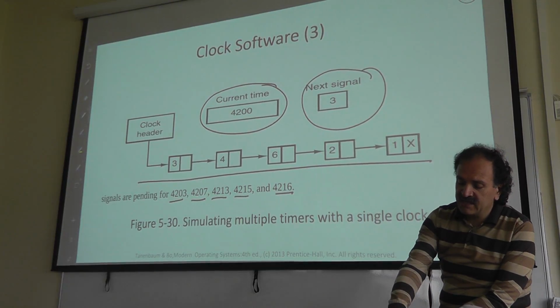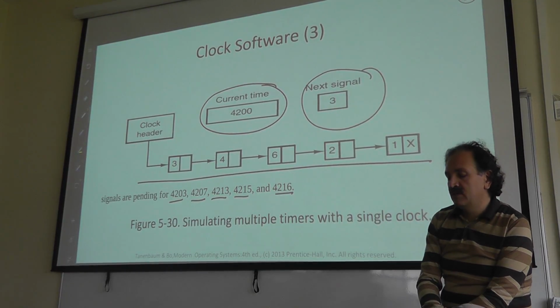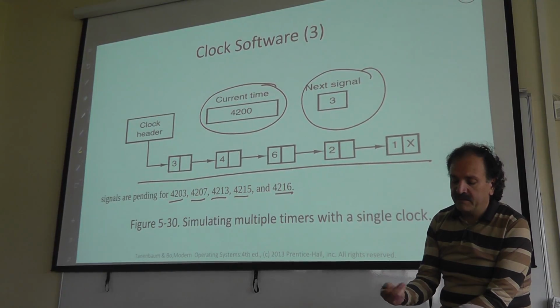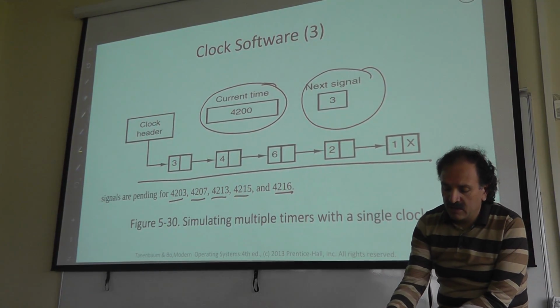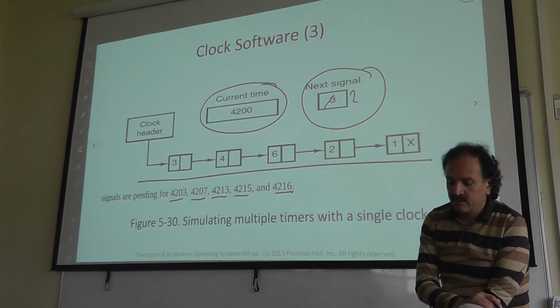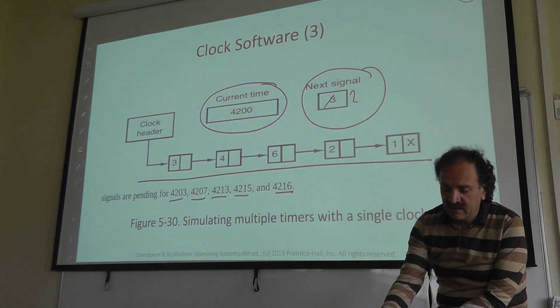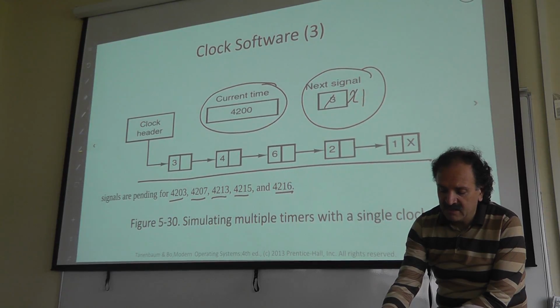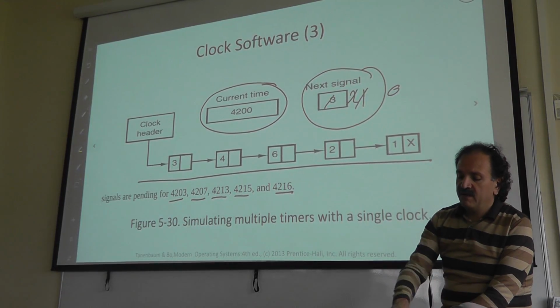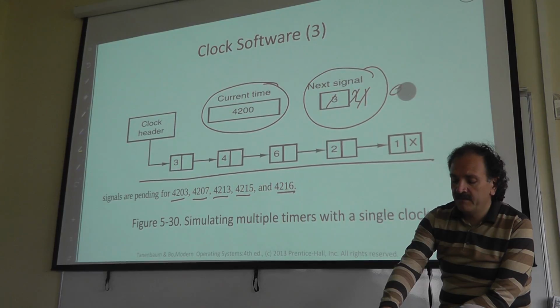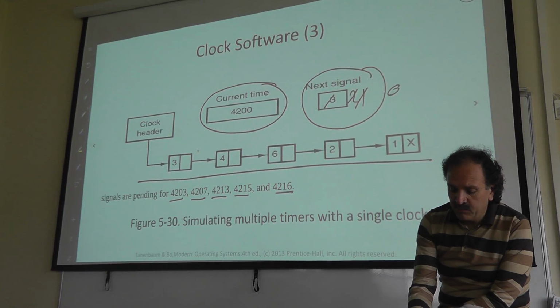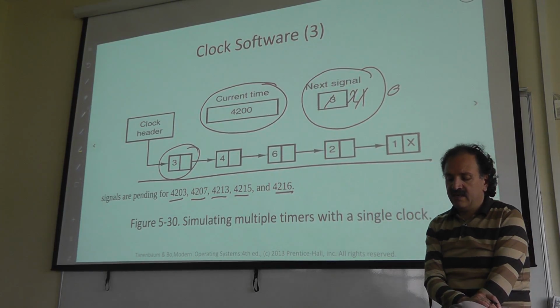So it checks this one, 3. So I need 3 more interrupts, 3 more clock ticks. So it makes it 2. And then next time the time is updated, it makes it 1, and then 0. When it is 0, then it wakes up whoever issued this signal.